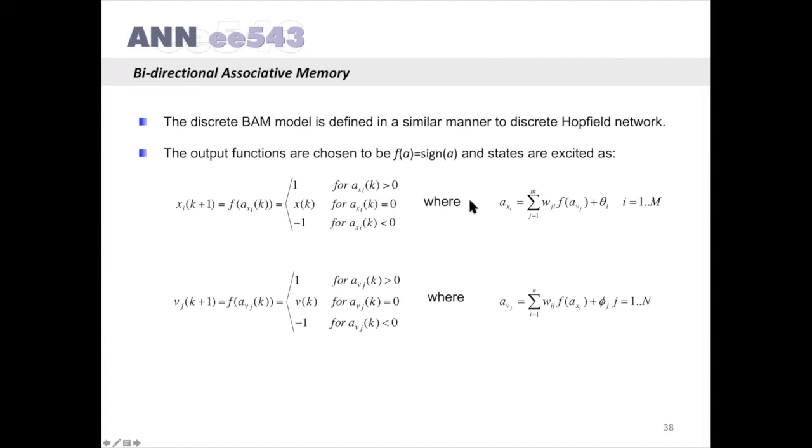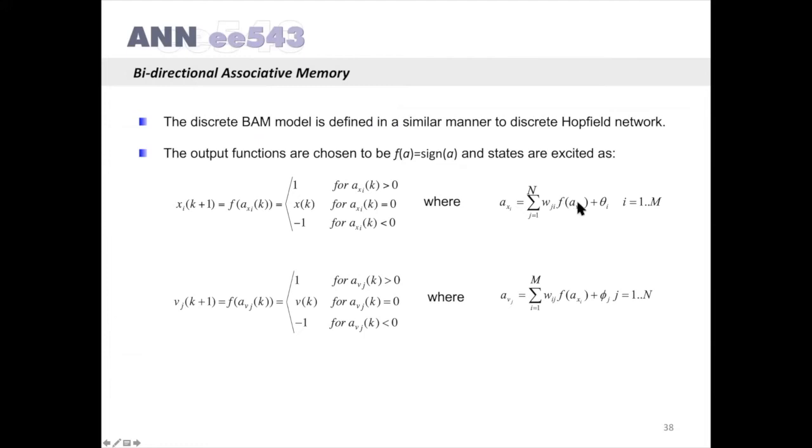It is minus 1 if the activation is less than 0, and it remains the same if the activation is 0. Where the activation of neuron xi is defined as the sum over j from 1 to n, we are considering each neuron in the V layer, and on their activation, output function f is applied, so this corresponds to the output of the neuron Vj.